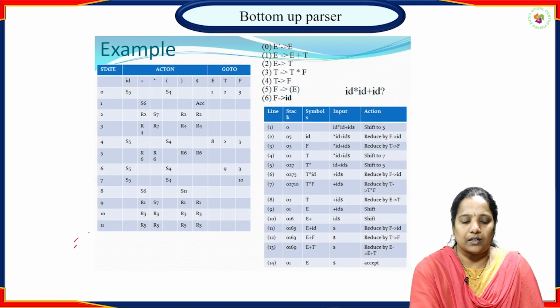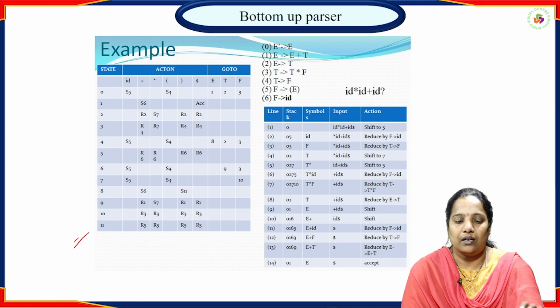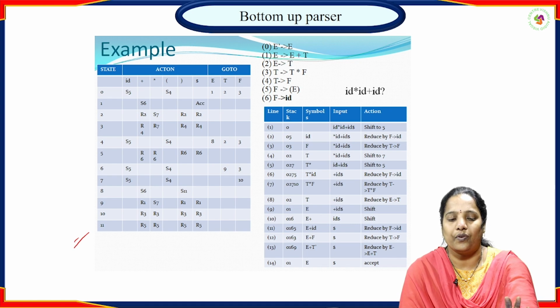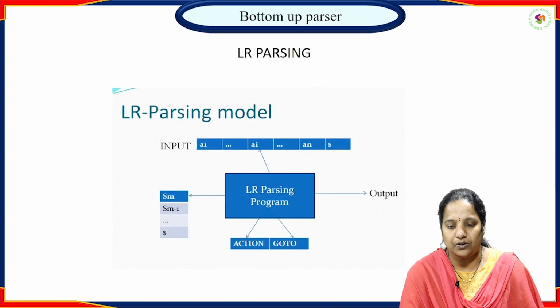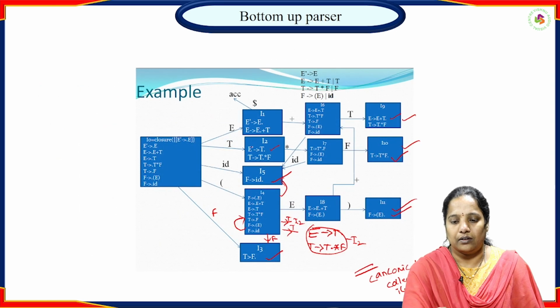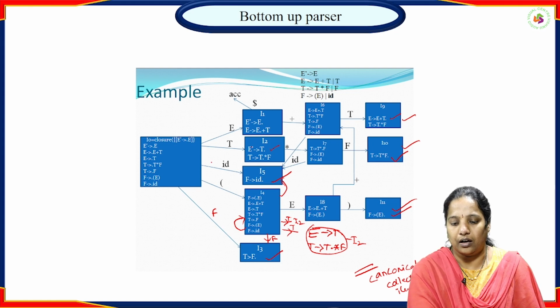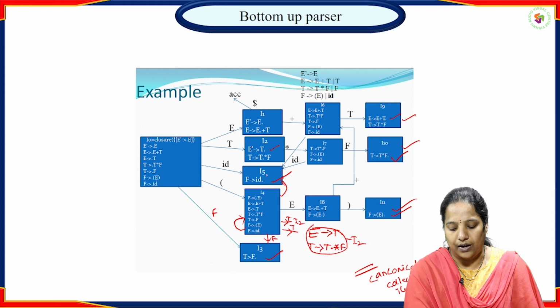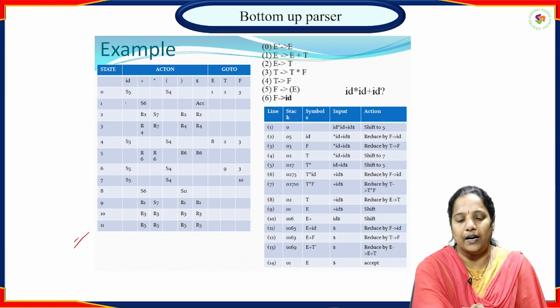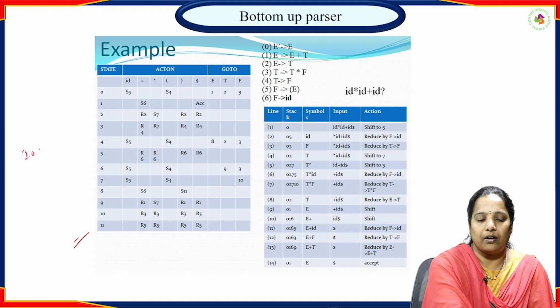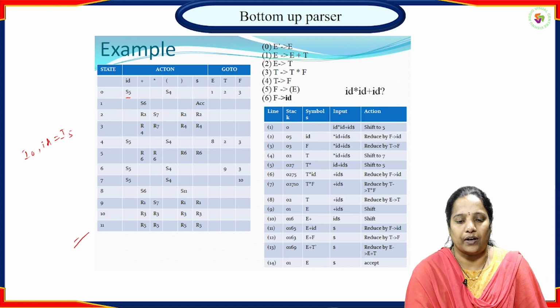Here the table is constructed. Initially, I0 on ID, to where it is going we need to verify in the representation. I0 on ID is going to I5, that can be represented as S5.